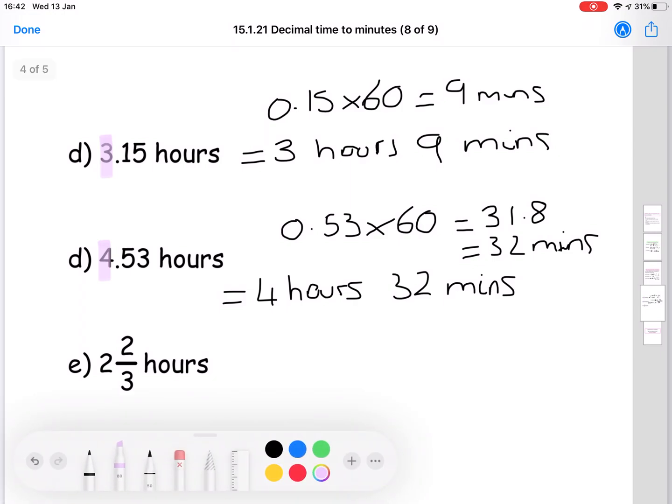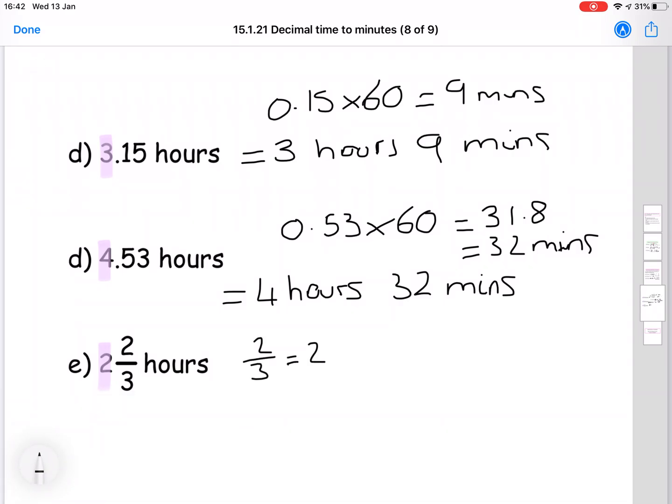The last one I've got for you here is 2 and 2/3. Some of the questions you'll do won't be a decimal, it'll be a wee fraction. That's fine, we know how to do that already. So the 2/3, all we need to do there is get that as a decimal. So 2/3, we would just do 2 divided by 3. The calculator will then tell you that's 0.6666 and so on, so you could write that as 0.67.